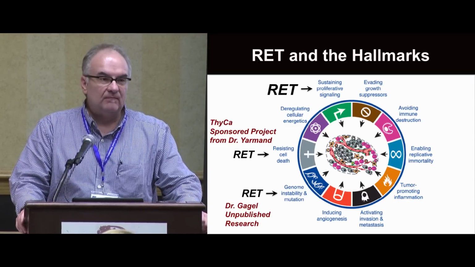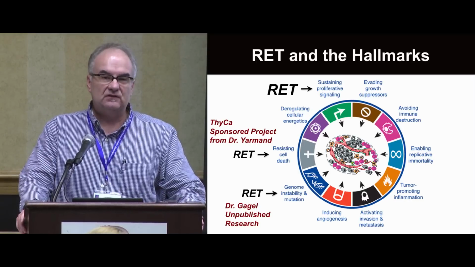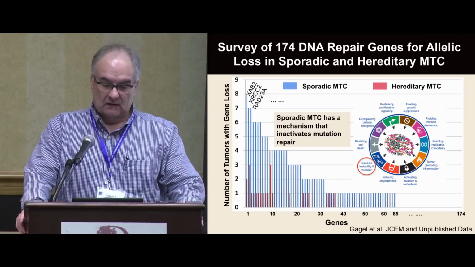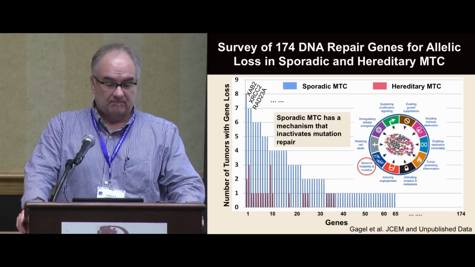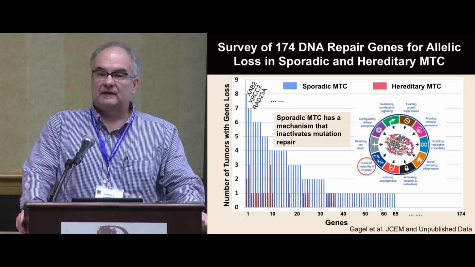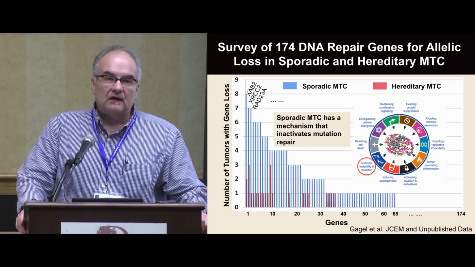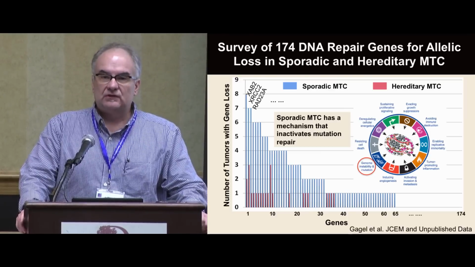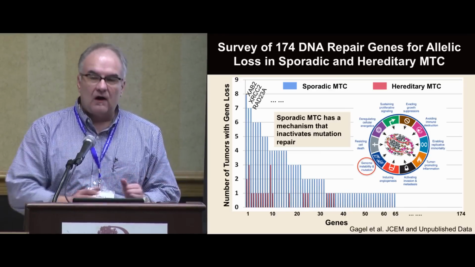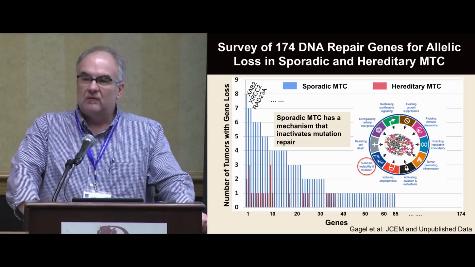Whenever you get a mutation, we have a machinery of almost 200 genes that exist in your body that function to correct mutations and mistakes. It turns out that if you look at those 200 genes, a lot of them are deleted in sporadic cancer, meaning that these precancer cells are less able to correct mutations when they occur, and that allows us to move on and finish out all of those hallmarks and, in fact, become a malignant cancer cell.